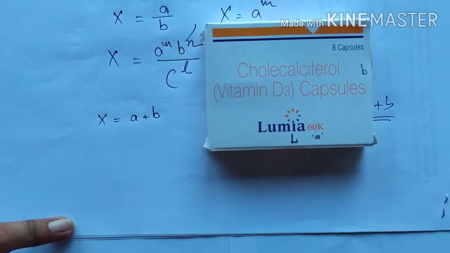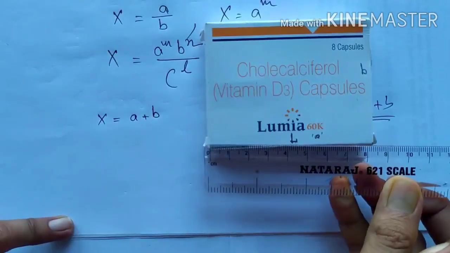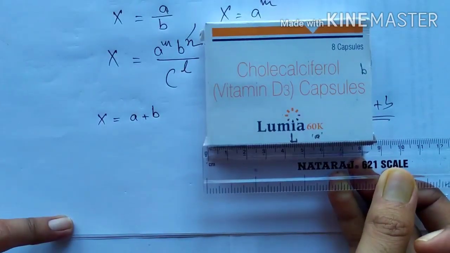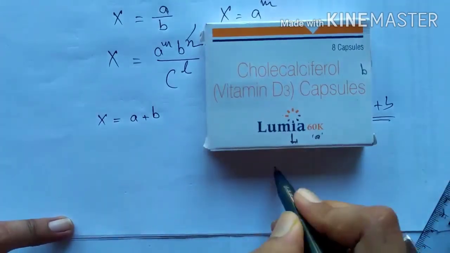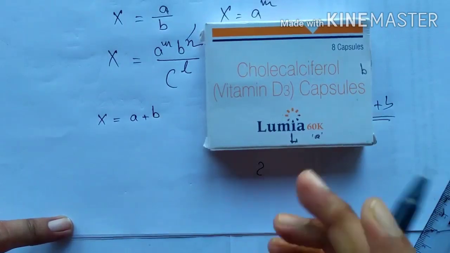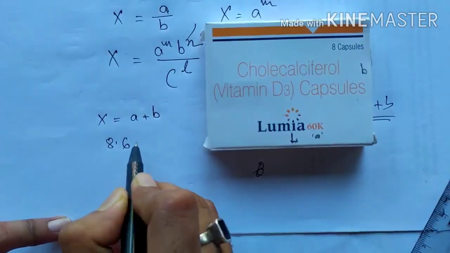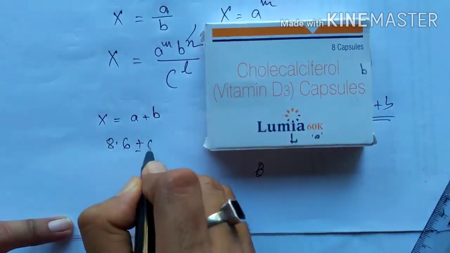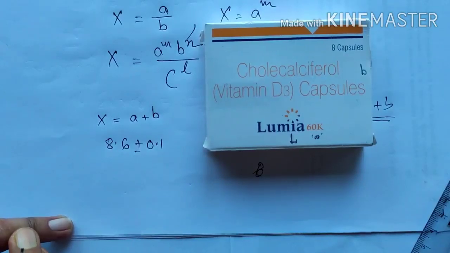Now say for example from here to here with my eye, say I am finding it to be 8.6. Say just for example I am finding from this point to this point it is 8.6, so plus minus say 0.1 amount of error. I don't know, random error.